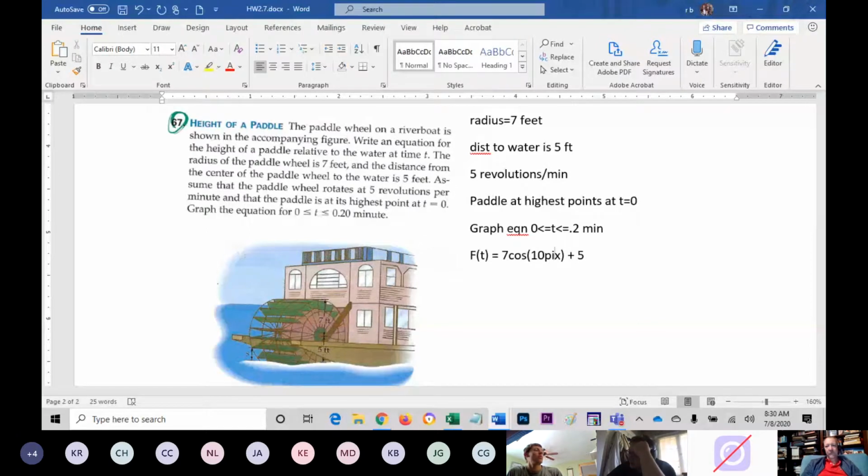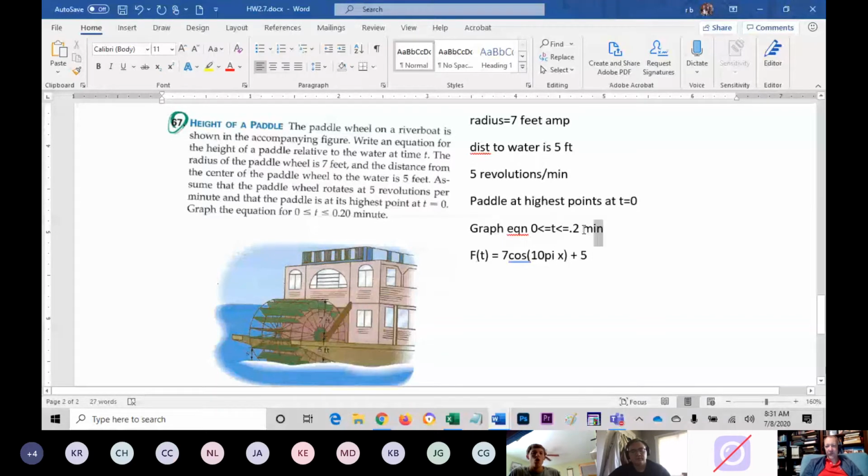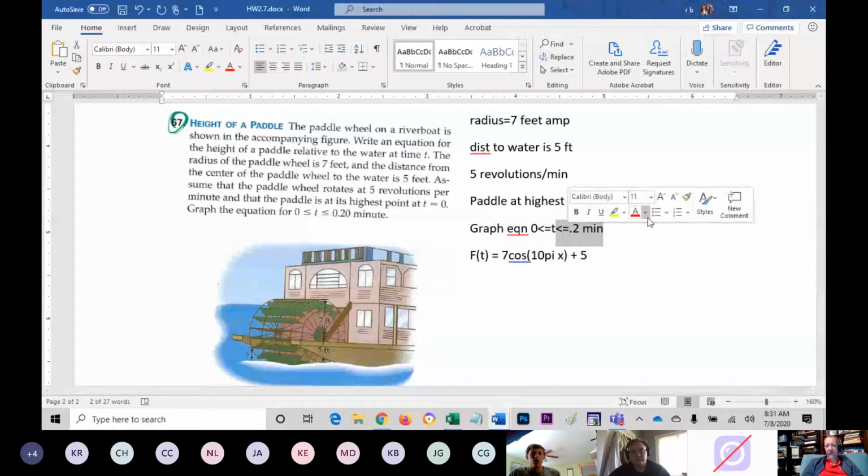It had something to do with the combined height. So this is your amplitude, right? Yes. Your distance to the water is 5 feet. We're doing 5 revolutions per minute, so that means 1 revolution for every 0.2 minutes. So that's 1 revolution essentially.